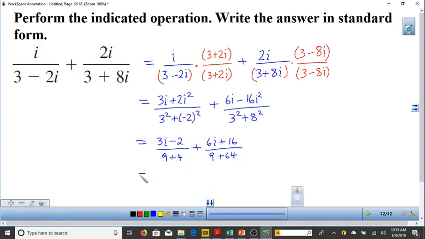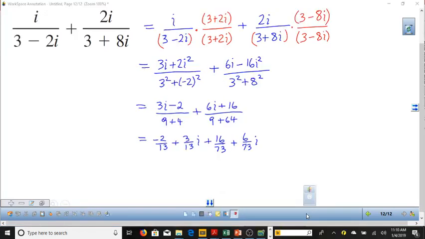So basically what we end up with is negative 2 over 13 plus 3 over 13i plus 16 over 73 plus 6 over 73i.